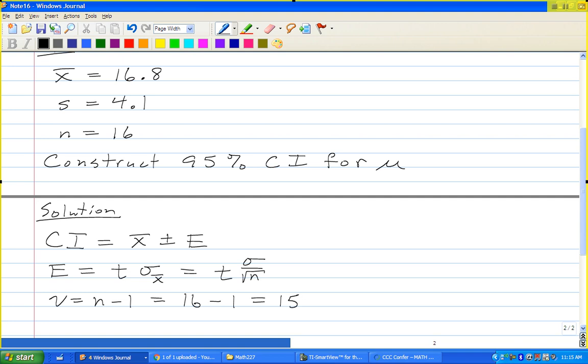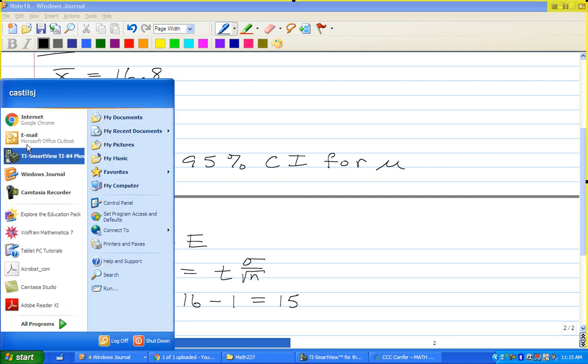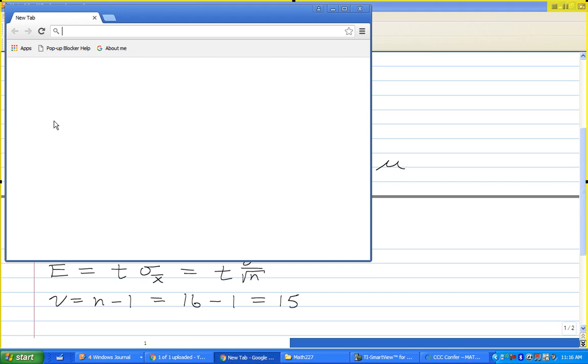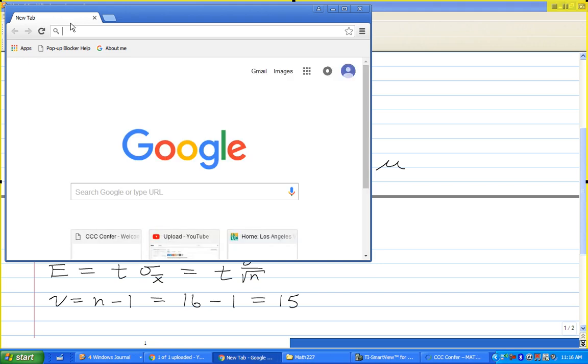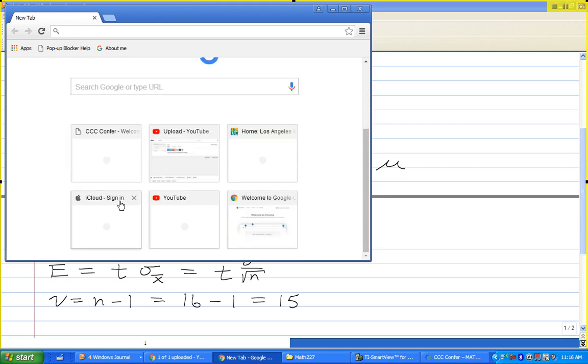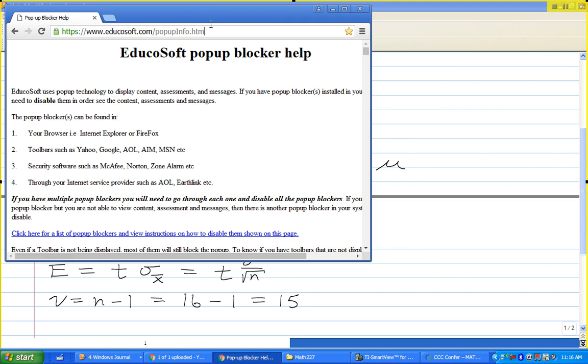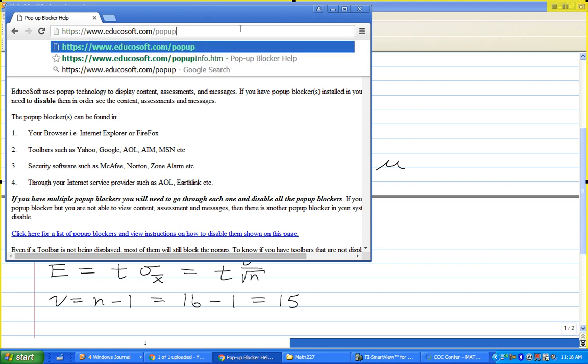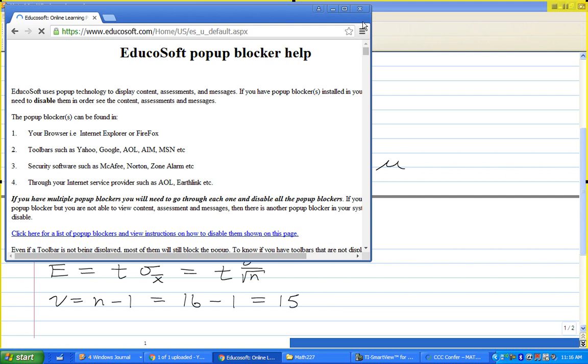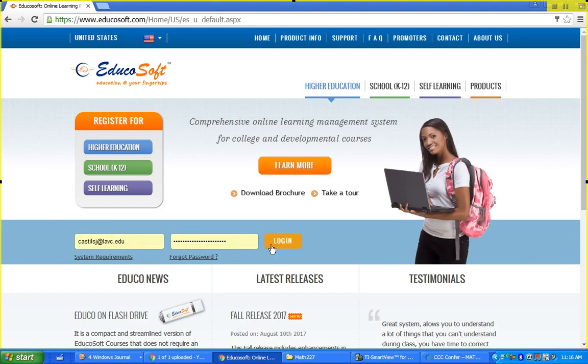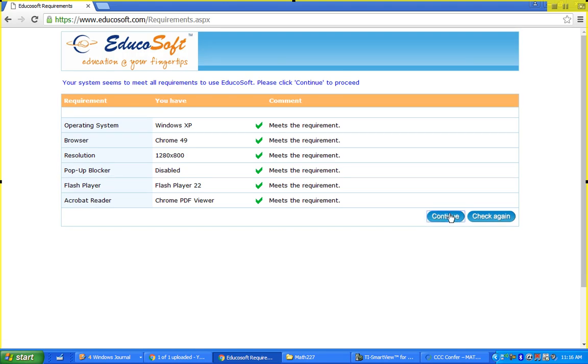I have to go and look up a table. Let me look up the T-table in Appendix 5.